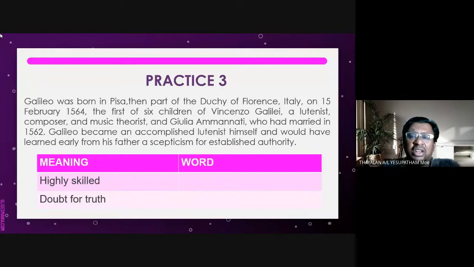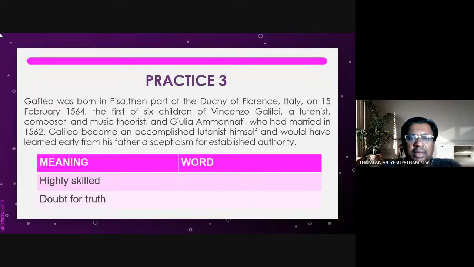Okay, now here we'll have a lot of Italian names, so we may not pronounce them properly because they're Italian, and that's okay. As far as the word is English, you need to pronounce it properly. Galileo was born in Pisa, then part of the Duchy of Florence, Italy, on 15th February 1564, the first of 6 children of Vincenzo Galilei, a lutenist, composer, and music theorist, and Giulia Ammannati, who had married in 1562.